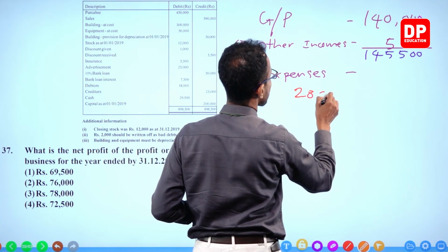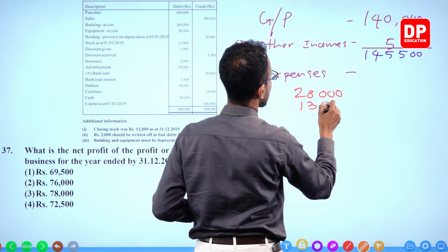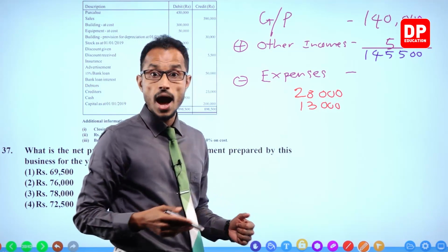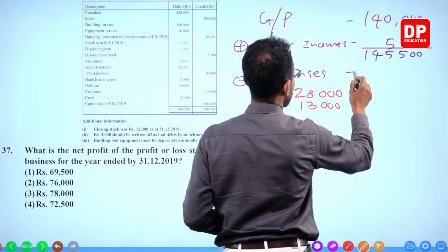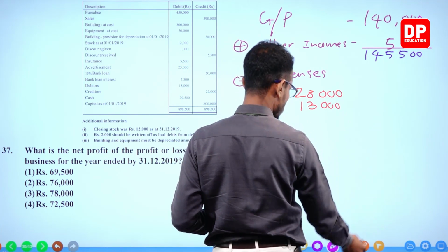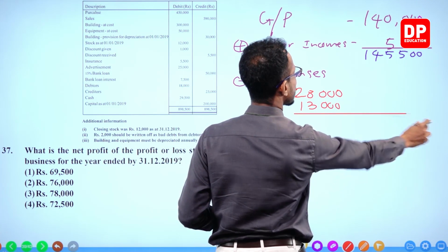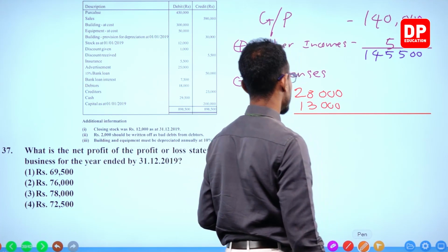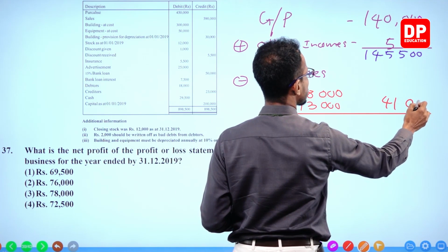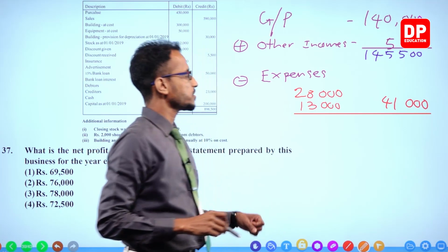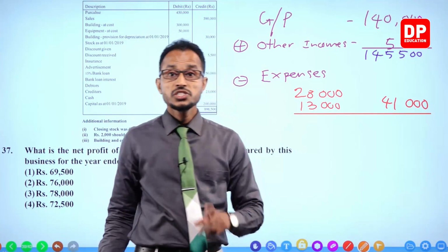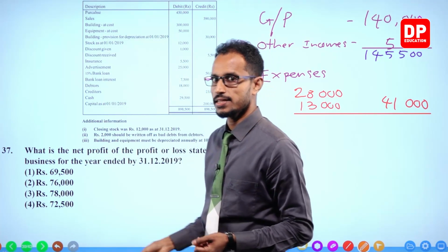And 13,000 are the admin and financial expenses that we marked, which means the total expenses becomes 41,000, right? Addition of these two, 41,000. Check whether there are any other expenses.